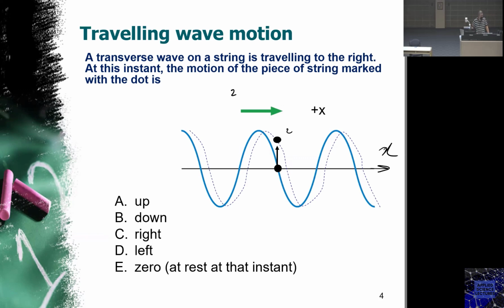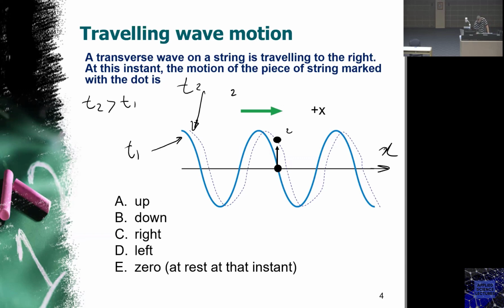Make sense? If it's propagating in this direction, then the solid line wave is happening before the dotted line wave. So let me call the time for this solid line T1, and for this dotted line T2, such that T2 is greater than T1. So T2 is happening after T1.